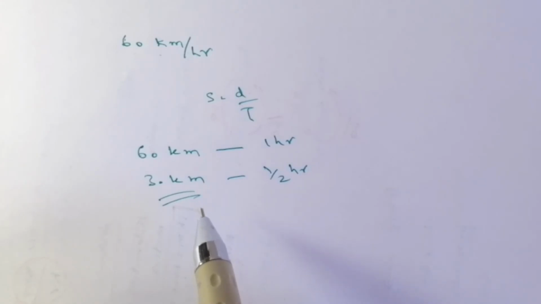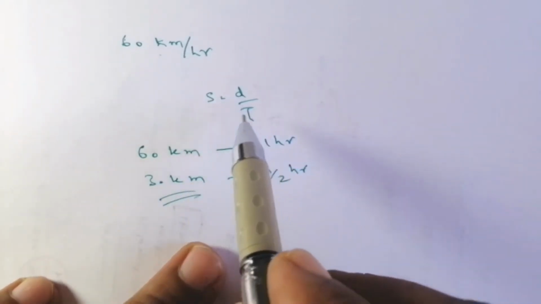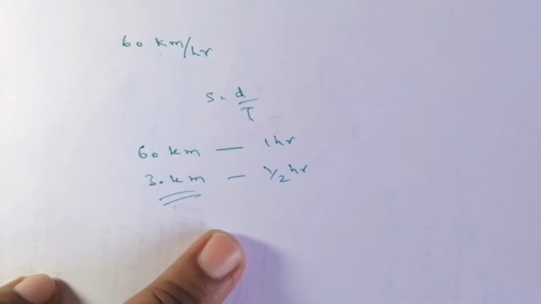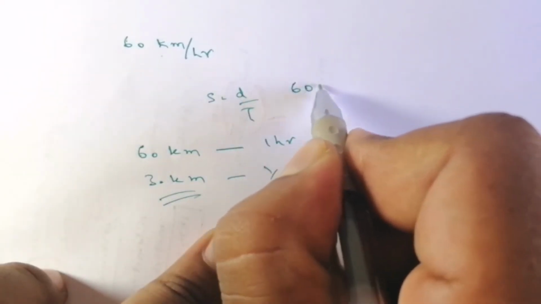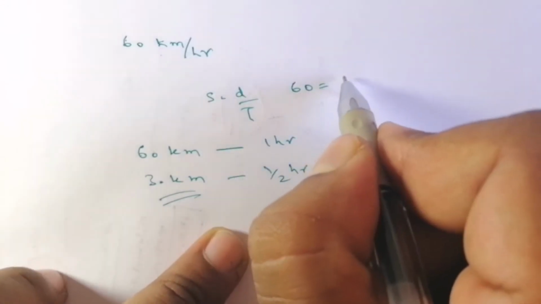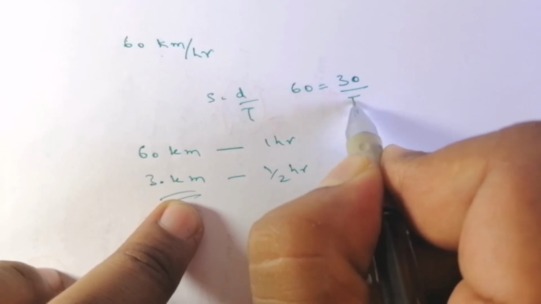Or you can go with the long method: speed equal to distance by time. Our vehicle is going at 60 kilometer per hour, and the distance asked is 30 kilometers. We have to find t.